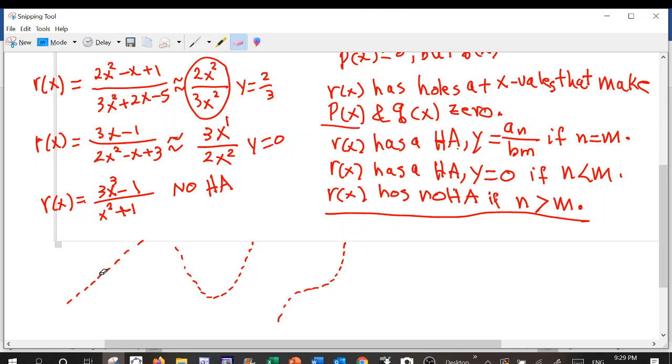We get a line if the degree of the numerator is 1 more than the degree of the denominator, so n equals m plus 1. If n equals m plus 2, you get one of these. If n equals m plus 3, you get one of these, and so forth. We're just going to talk about this one. We call it the slant asymptote.